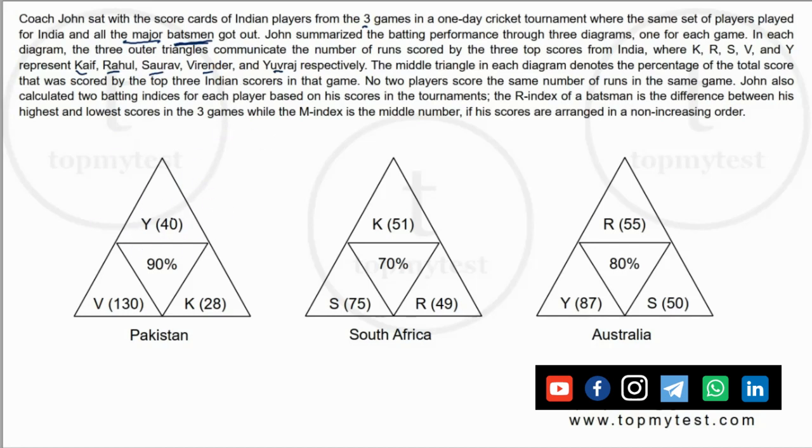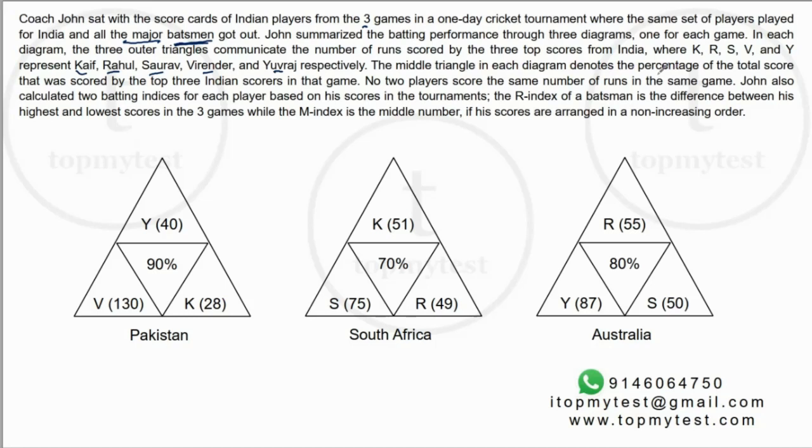Okay. So what it says is that Yuvraj has scored 40 runs against Pakistan. Virendra has scored 130 runs against Pakistan, and Kaif has scored 28 runs against Pakistan. The middle triangle in each diagram denotes the percentage of the total score that was scored by the top 3 Indian scorers in that game. So these are the top 3, and this is 90% of India's score in that game.